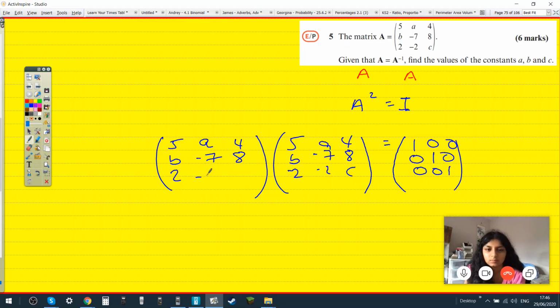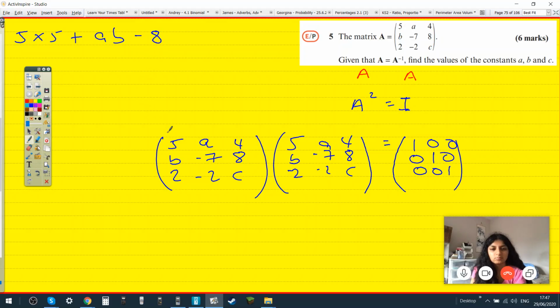2 minus 2C. Oh, do you have to do the complicated adding and multiplying thing? Yeah. So it'd be 5 times 5 and then A times B, right? 5 times 5 plus AB minus 8.